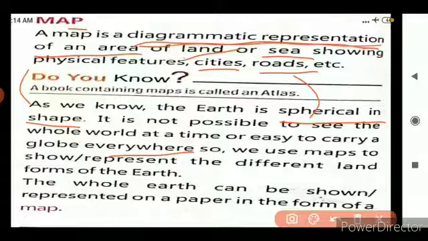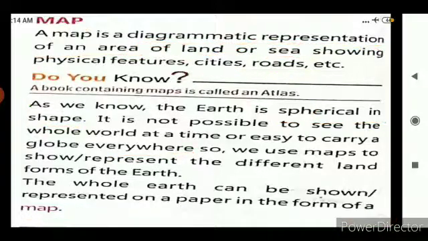So we use maps to represent the different landforms of the earth. The whole earth can be represented on paper in the form of a map, as a flat representation.